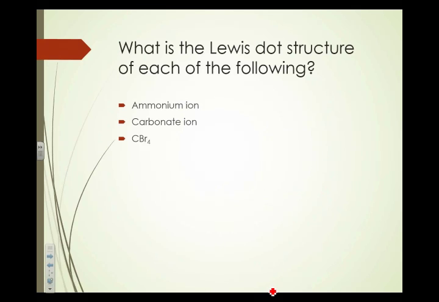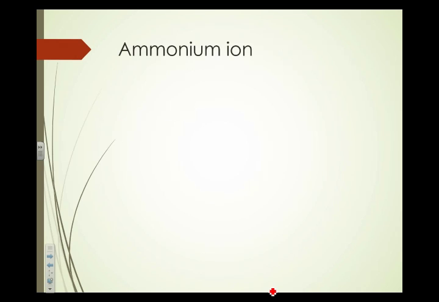So, what is the Lewis dot structure of each of the following? The ammonium ion, the carbonate ion, and carbon tetrabromide. For the ammonium ion, the formula is NH4+. Now this plus is going to affect how many electrons we have to work with. Nitrogen gives me 5 valence electrons to work with.